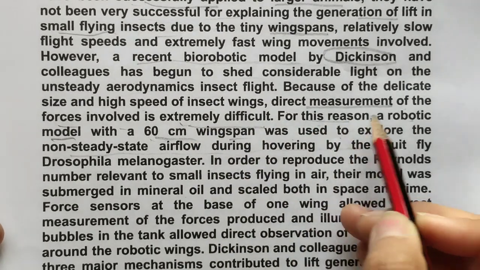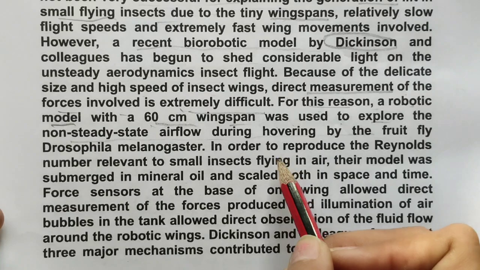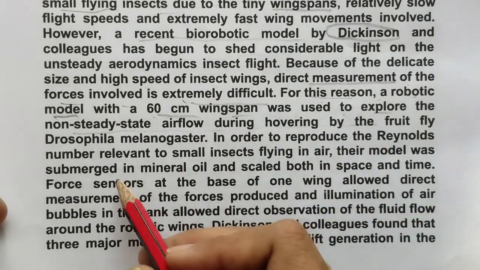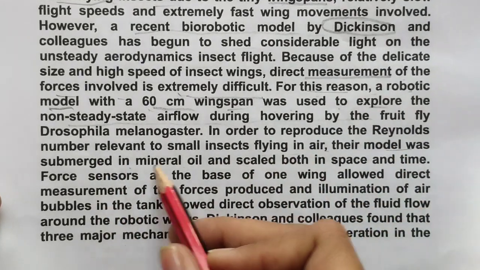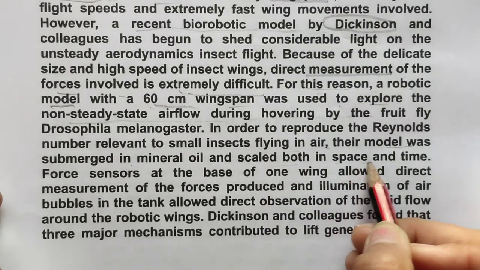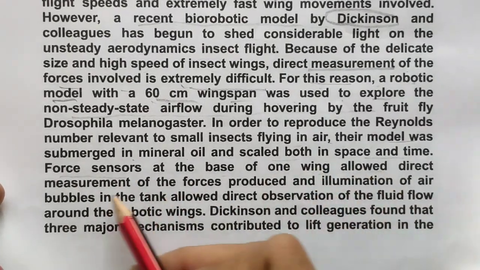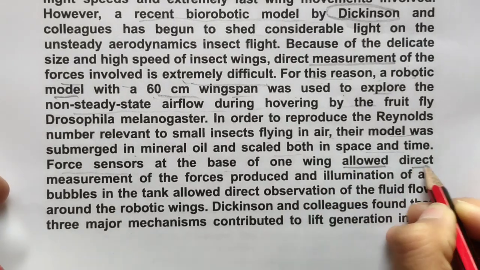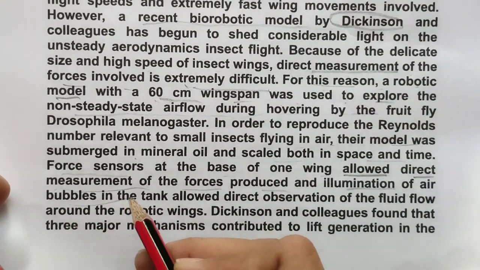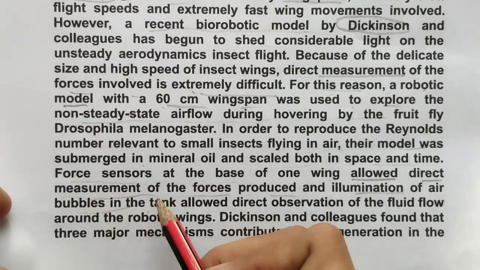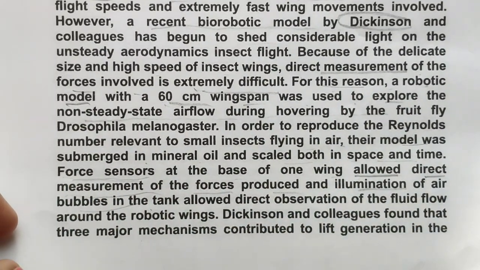Okay, for this reason, a robotic model was used to, again, in order to reproduce this insect in flight, the model was submerged in mineral oil and scaled both in space and time. Force sensors at the base of one wing allowed direct measurement of the forces produced, with illumination of air bubbles. So what allowed? Force sensors at the base of one wing.